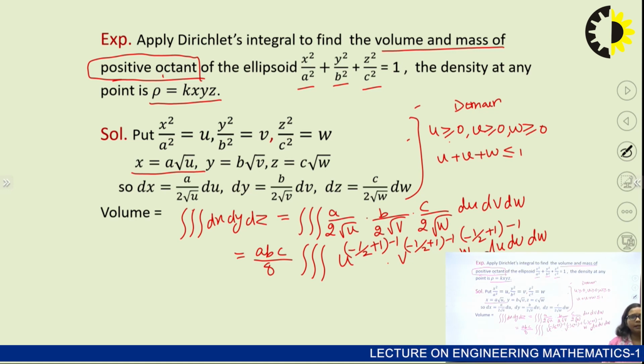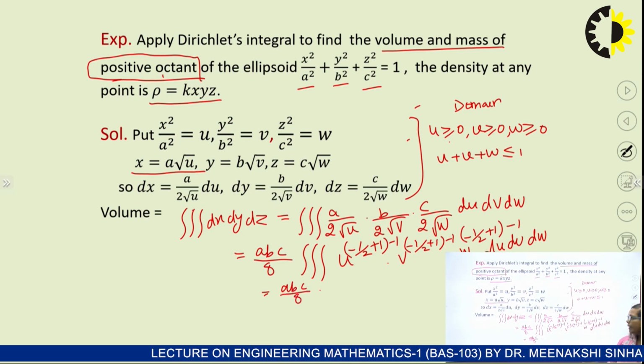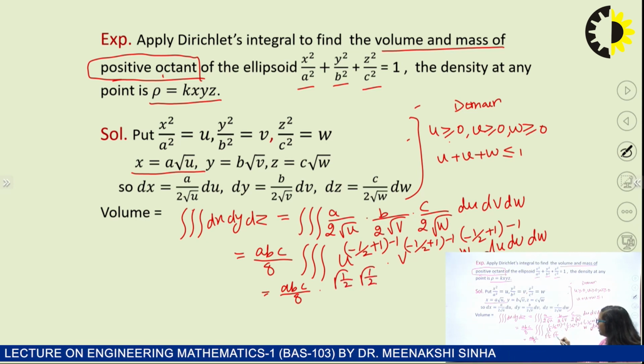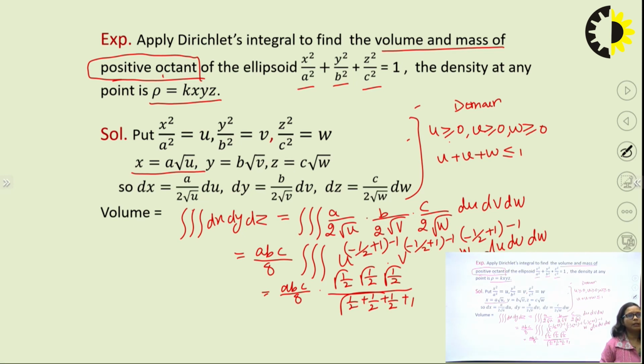So directly applying the Dirichlet integral, abc by 8 is outside the integral, into what we get: gamma half, l is also half, gamma half, each of l, m and n is half, divided by gamma of l plus m plus n plus 1.